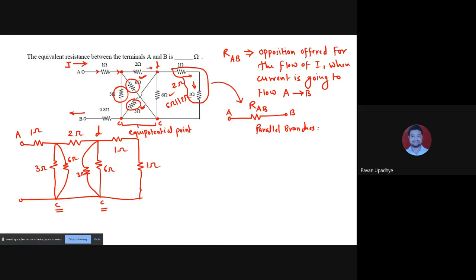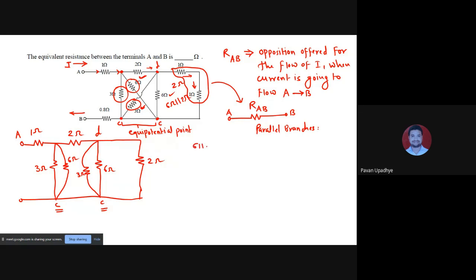So instead of these two, please pay attention, I will be redrawing the circuit with reduction now in the same circuit. So you have to be attentive now. So 1 ohm and 1 ohm when added together becomes 2 ohm branch over here. Now instead of this 6 parallel 3, what I would do is I would replace it by its equivalence.